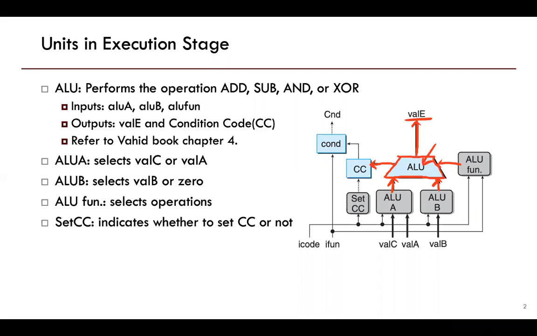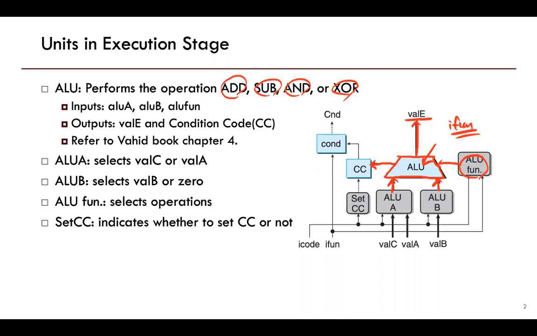Then, how does the ALU select among these instructions? It is controlled by this signal. It is actually the value ifun in the machine code. You can go back to the instruction format and see the list of the ifun values.